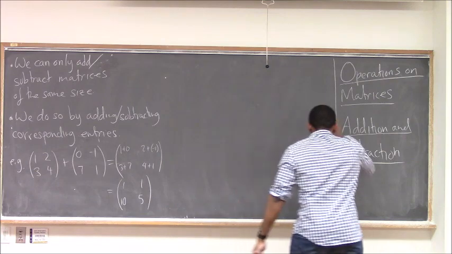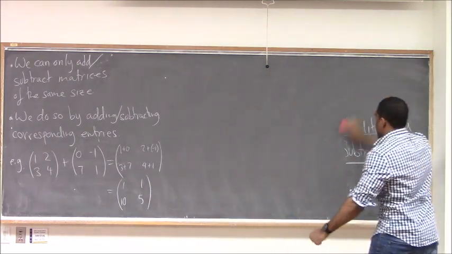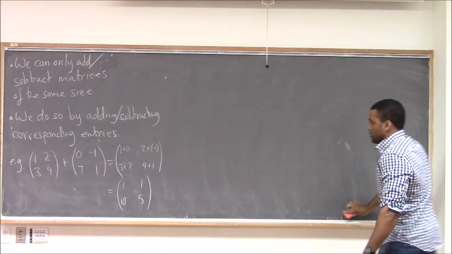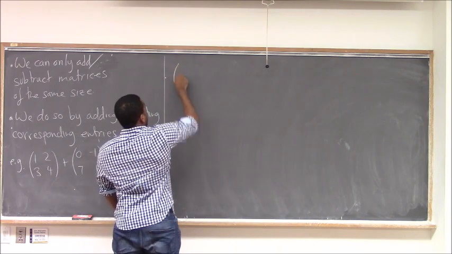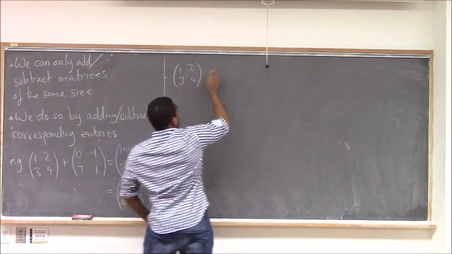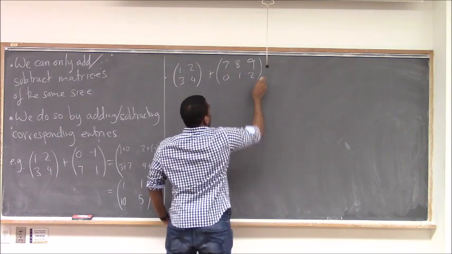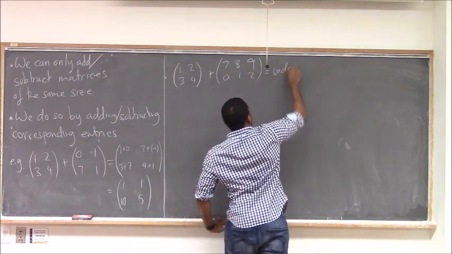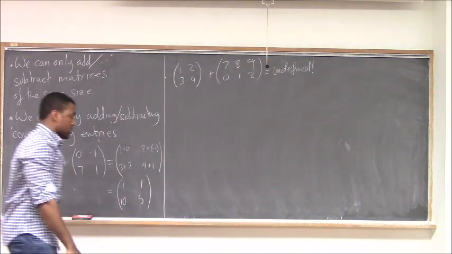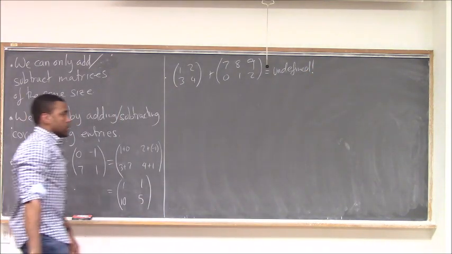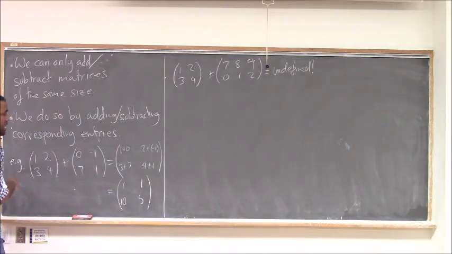It seems like such a random and crazy thing to students, but that's because they don't realize what it means in the background. So, and I could say something like, I want 1, 2, 3, 4 plus, this is undefined. The dimensions don't match. So that's easy. Okay. So that's how we can add and subtract.